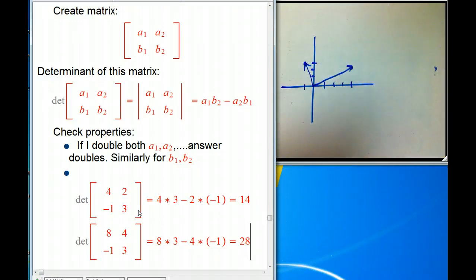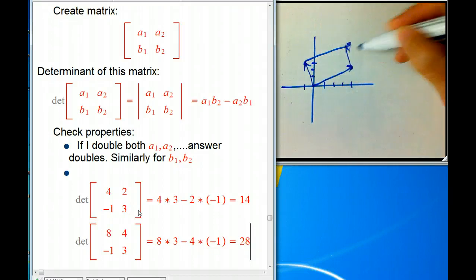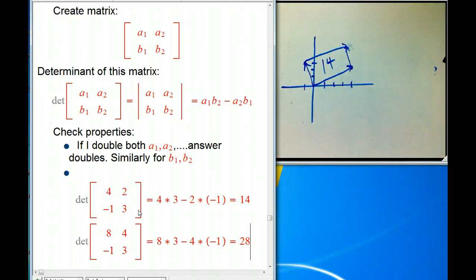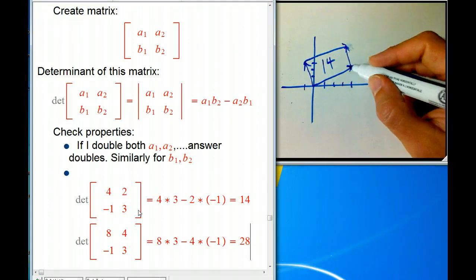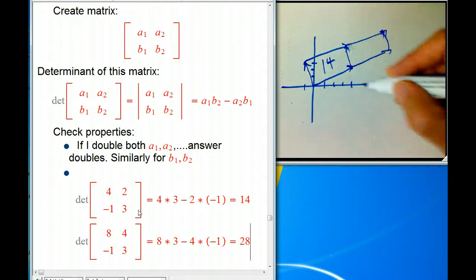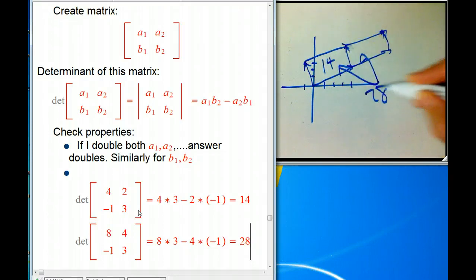It looks almost like a right angle, but it's not quite, since I didn't draw it very carefully. And here's the parallelogram they make. Oh, I didn't make it look very parallel. Okay. And the claim is that the area of that is 14. And if I doubled A to 8, 4, it's going to be twice as big. The whole thing together is 28. So far this is looking promising.